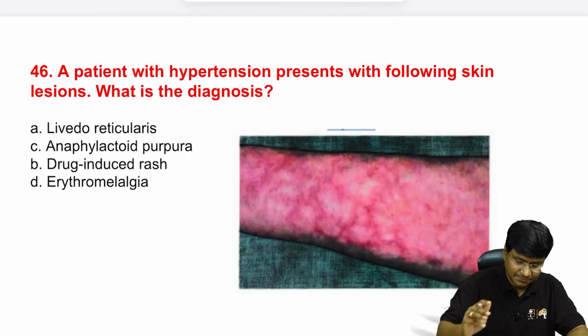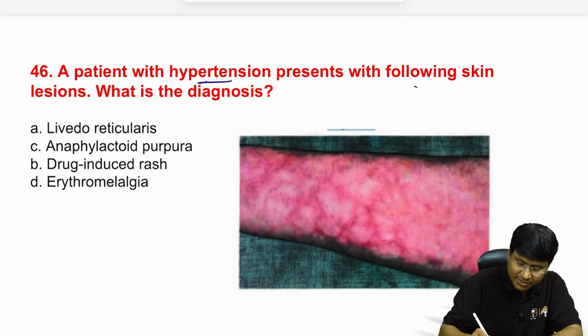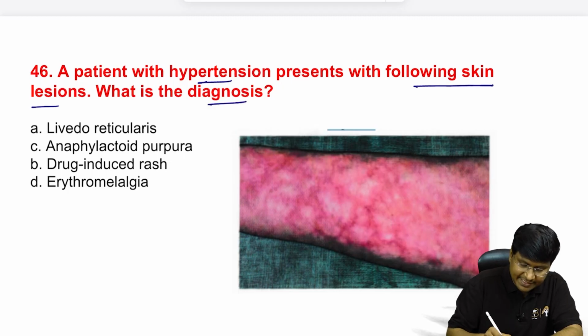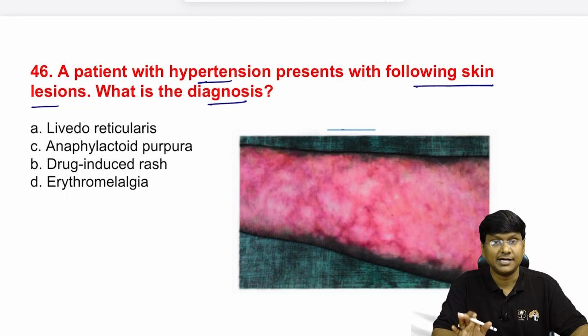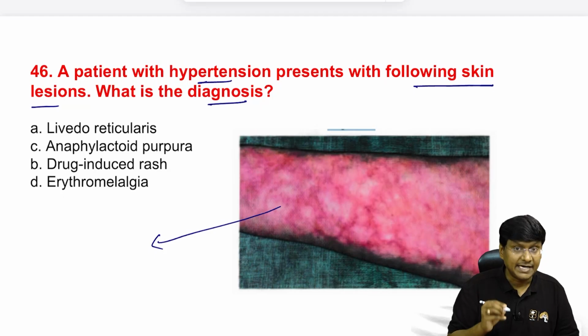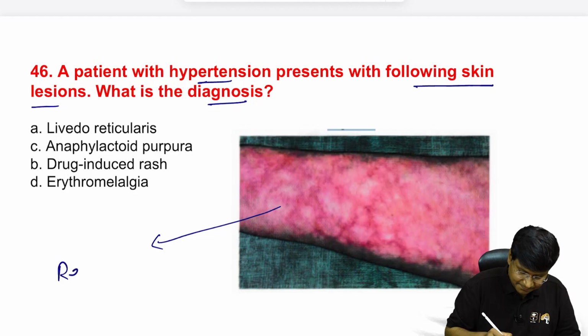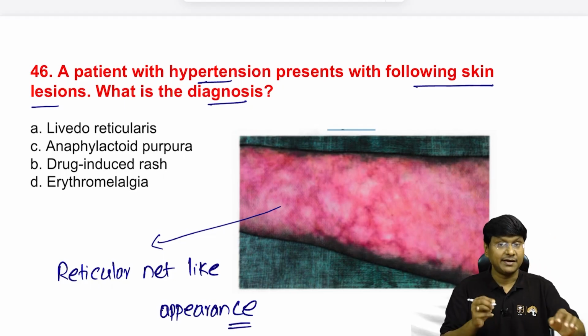Next question. A patient with hypertension presents with the following skin lesions. What is the diagnosis? The options are livedo reticularis, anaphylactoid purpura, drug-induced rash, erythromelalgia. The image shows the presence of a reticular net-like appearance.